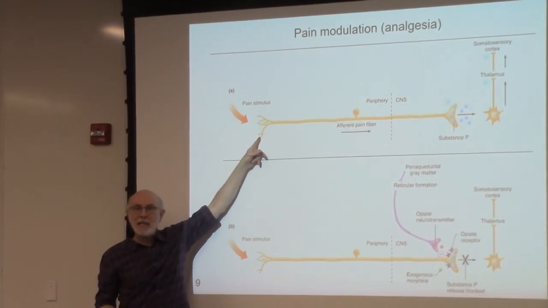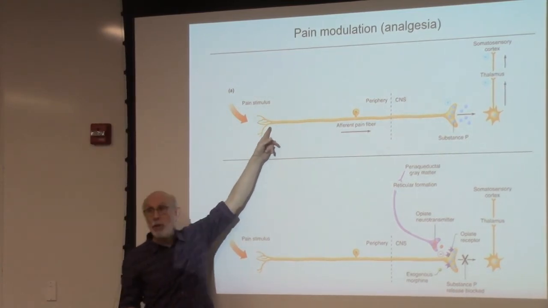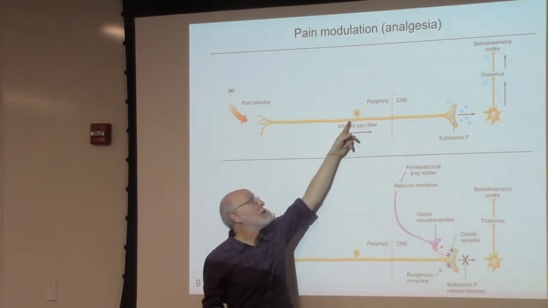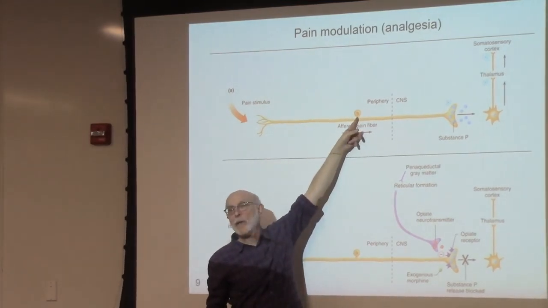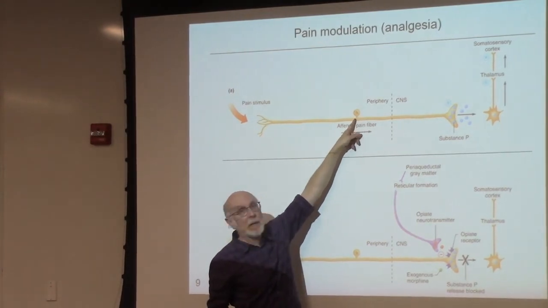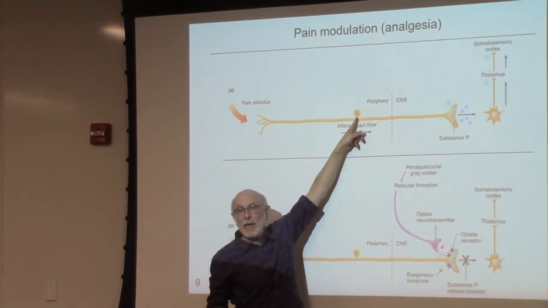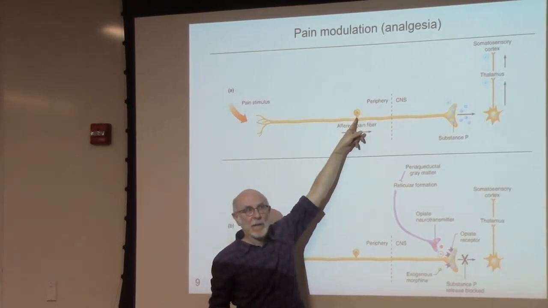An acid-sensitive ion channel, or an ATP-sensitive ion channel, receptor, activating, depolarizing this neuron to threshold, action potentials. What is this supposed to illustrate? I want you to interpret this cartoon. What is this? That's the dorsal root ganglion. That's the cell body in the dorsal root ganglion of this neuron.